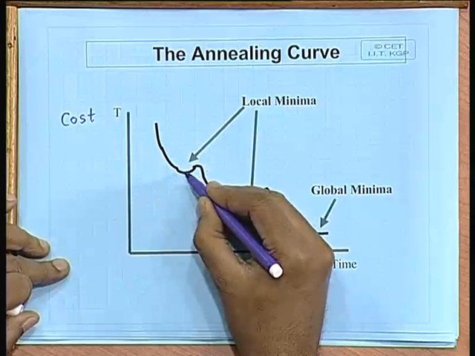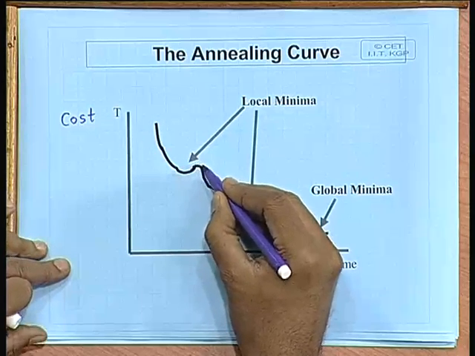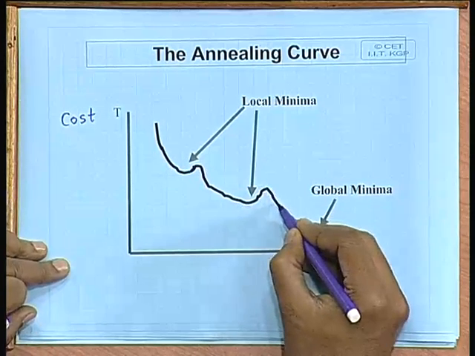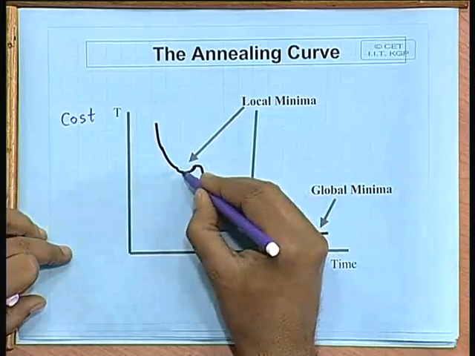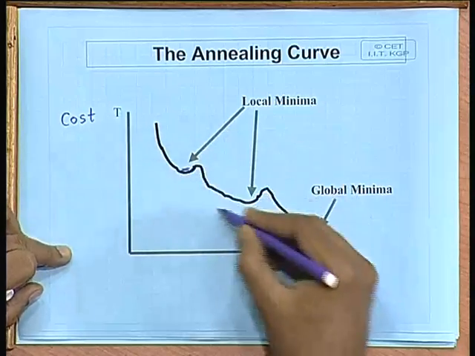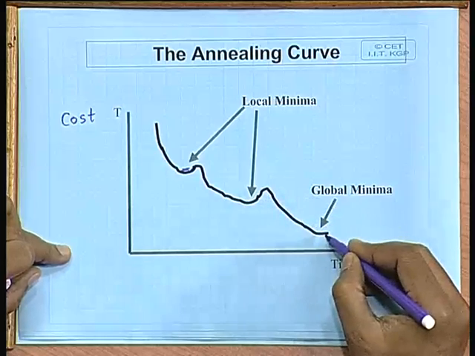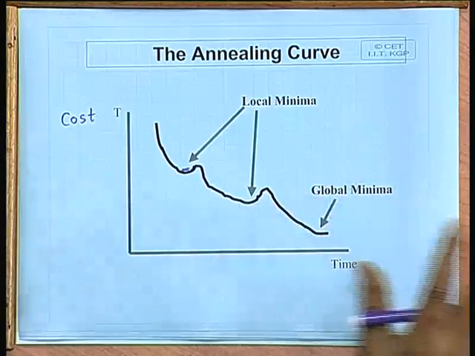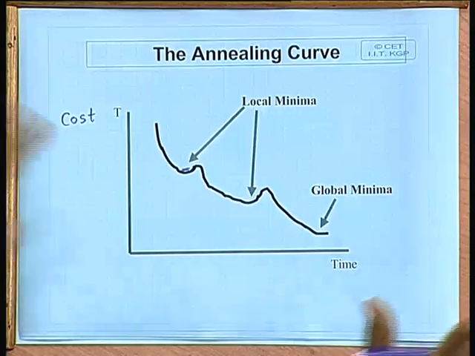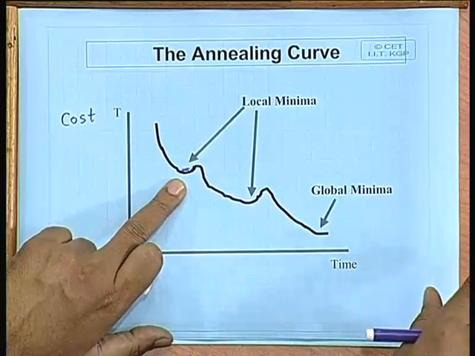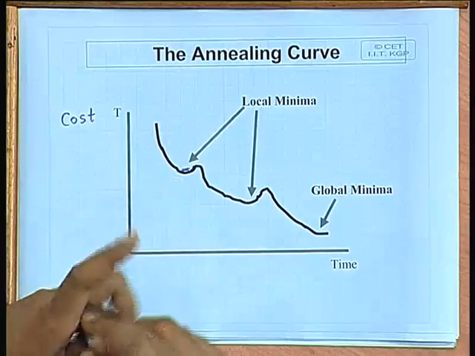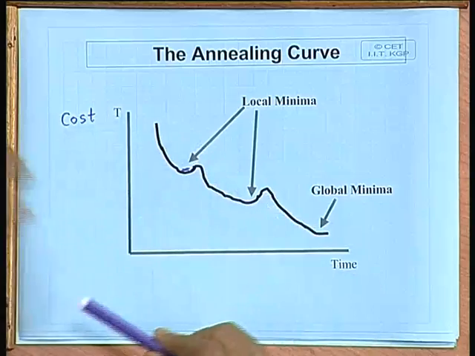So, sometimes we may move up. This moving up may sometimes prevent us from falling into a local minimum, and help us come out and go towards a global minimum. So, the idea of accepting a worse move is that you do not get stuck in a local minimum if you strictly follow a greedy approach. This is how we go about doing it.